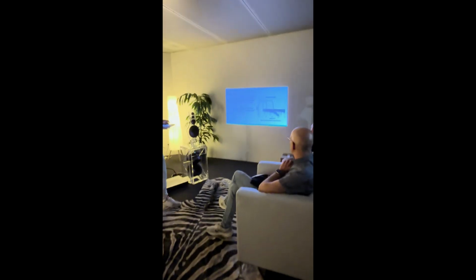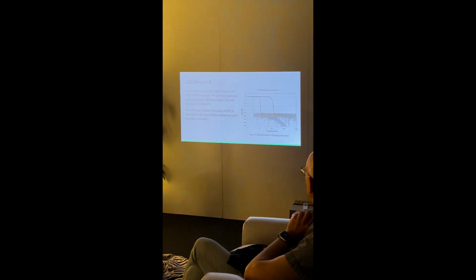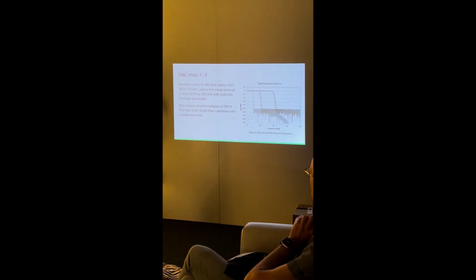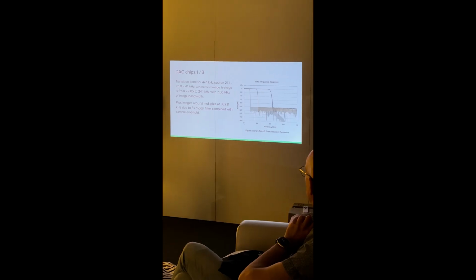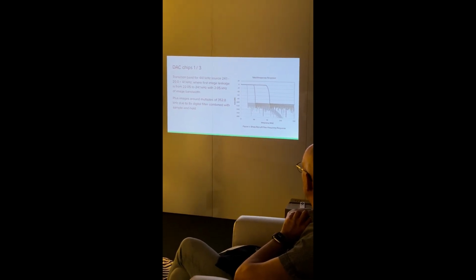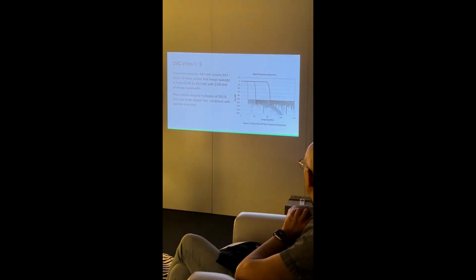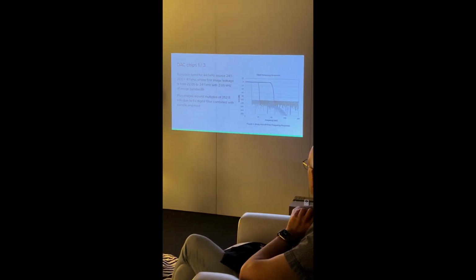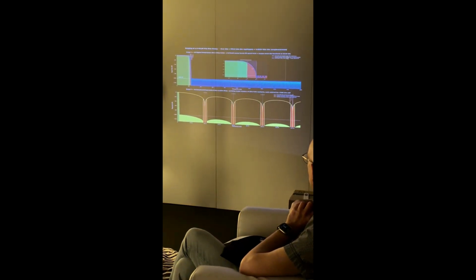So here are some examples of these DA converter chips, where this light gray is the 44.1 kilohertz or 48 kilohertz filter response, and this is the result that comes out of the DA converter.